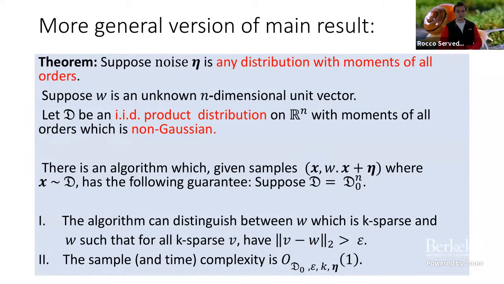You can see there's a dependence on this underlying distribution D, that core univariate distribution. That will come into the picture. There will be some dependence on the particular noise distribution, depends on k, depends on epsilon, but no dependence on the dimension n.